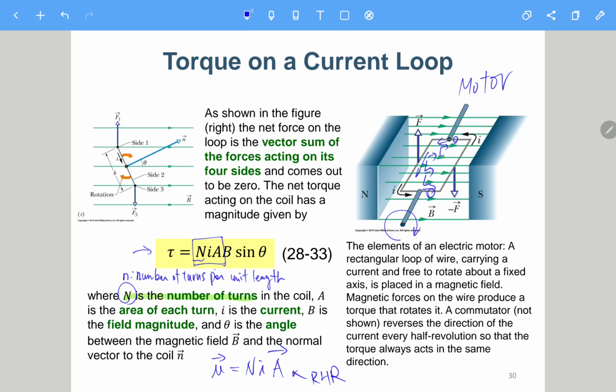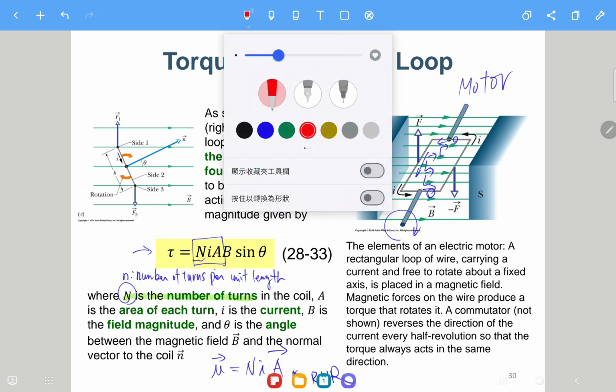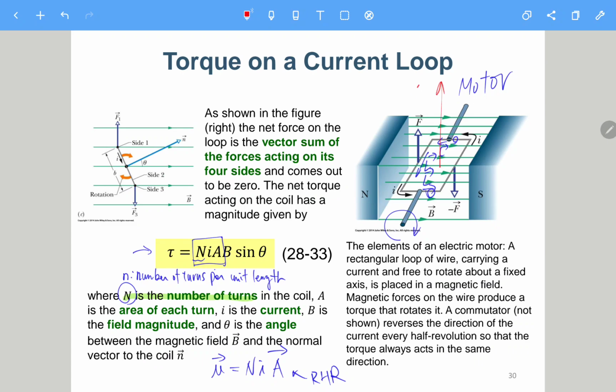So A is pointing in this direction. If I is counterclockwise, you use your forefinger following the direction of the current. If I is clockwise, then A is pointing downwards. This is using the right hand rule to determine the direction.